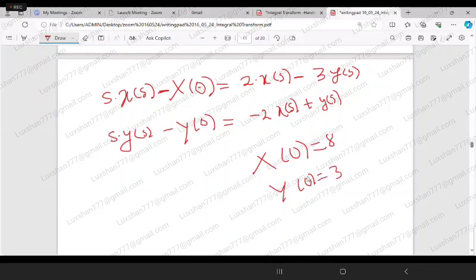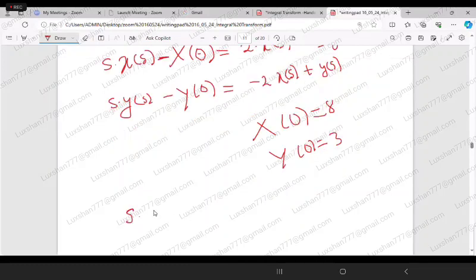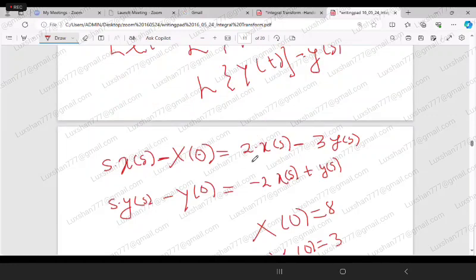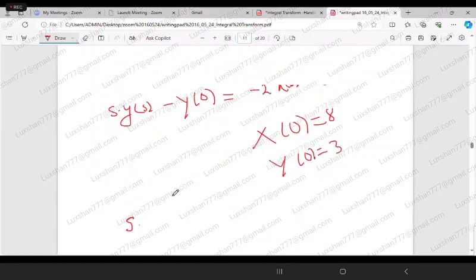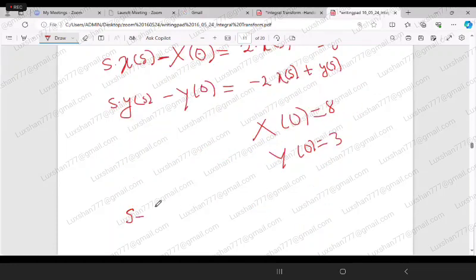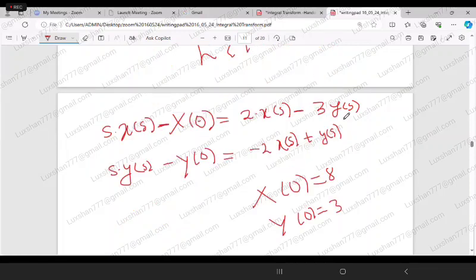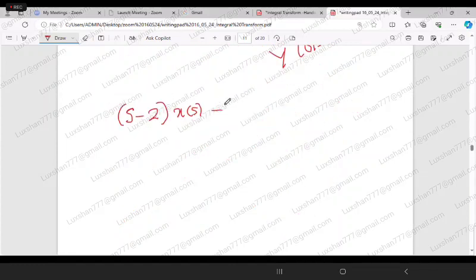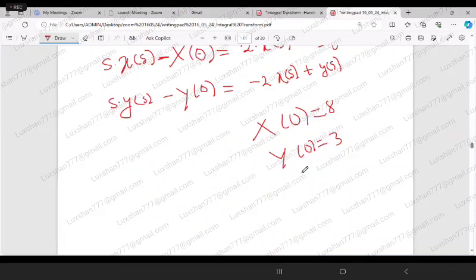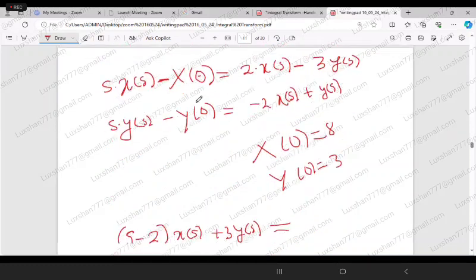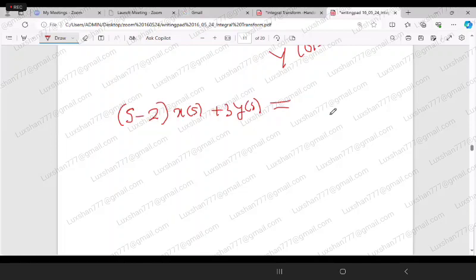If we apply the initial condition and bring X(s) to one side, you will have (s minus 2)X(s) plus 3Y(s) equals x0, which is 8. When it goes to this side, it becomes plus 8. So this is our equation number 1.